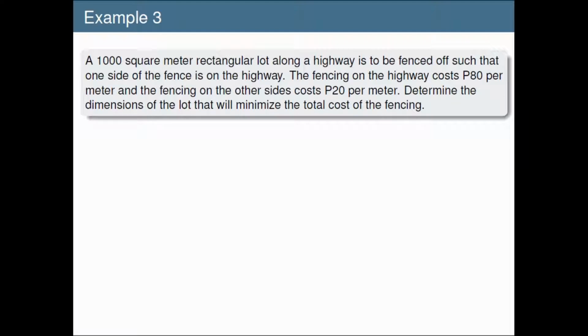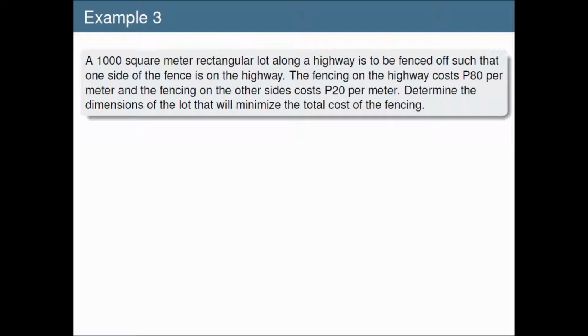Before we solve this problem, try to understand the problem first. Let's now solve this problem.